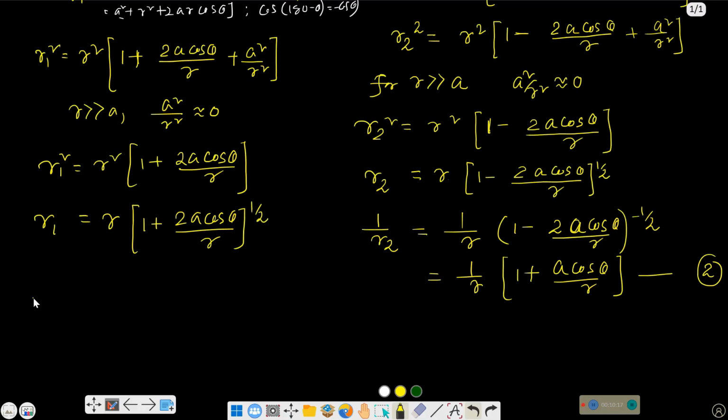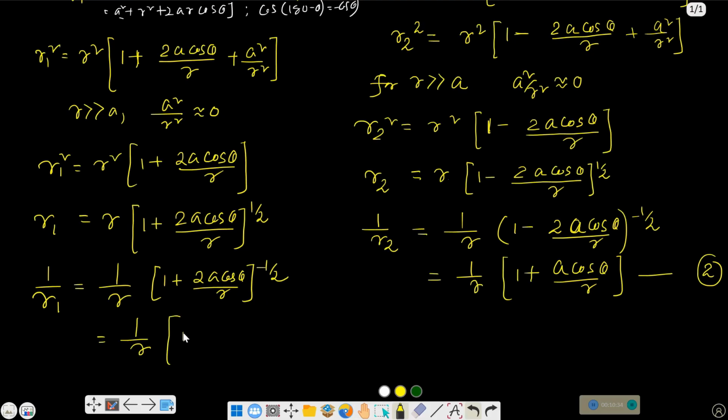Okay, now what will be the value of 1 by r1? 1 by r into 1 plus twice a cos theta by r to the power minus half. We can write this as 1 by r into 1 minus a cos theta by r. This is 1 by r1. Let me take this as equation number 3.